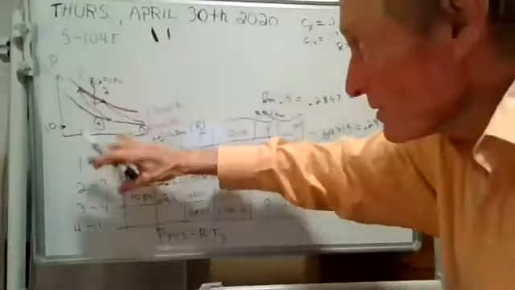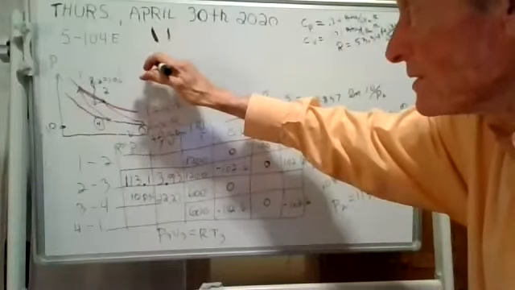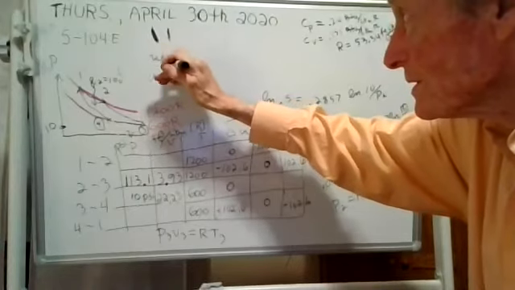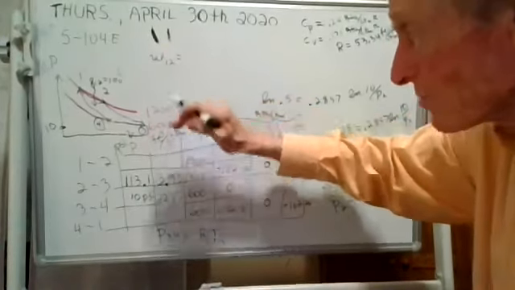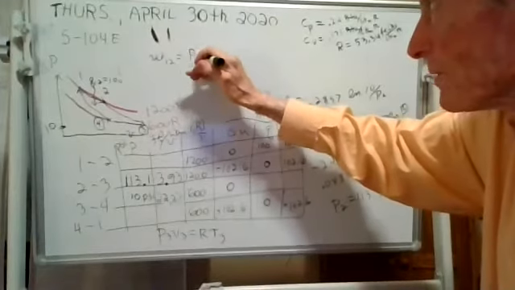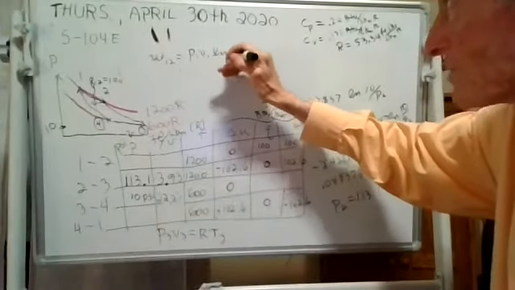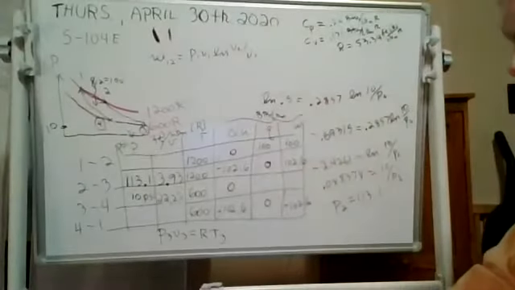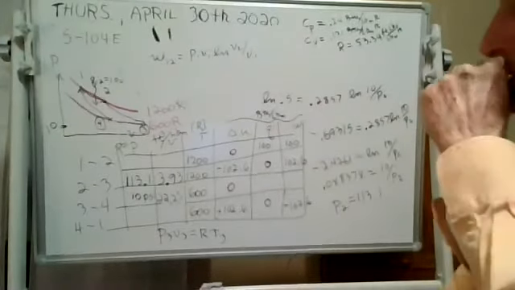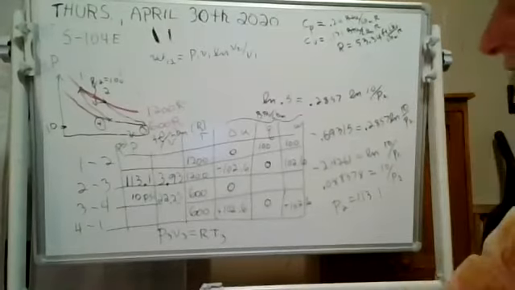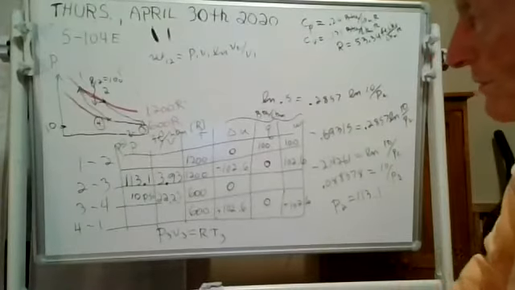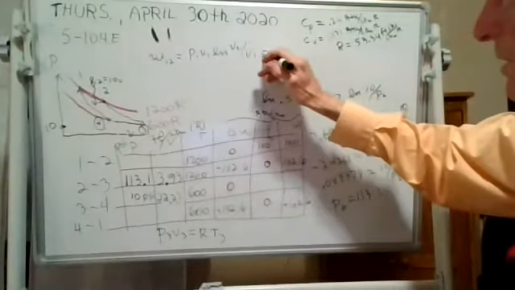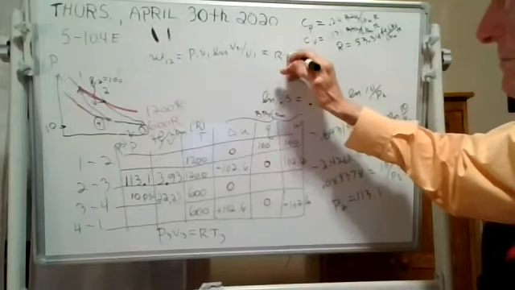Remember, going from 1 to 2, the work per mass on that isotherm is P1V1, natural log of V2 over V1. Now let's circle the stuff we know. Oh, see, we got problems here. We don't know P1 or V1. But you know what? P1 and V1 is equal to RT1, isn't it?